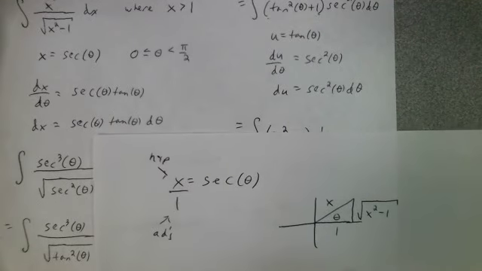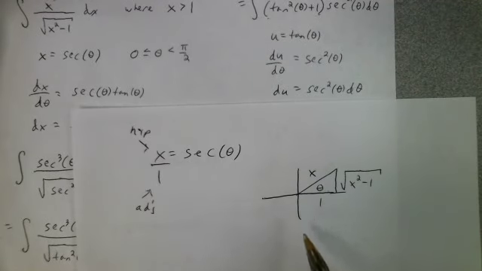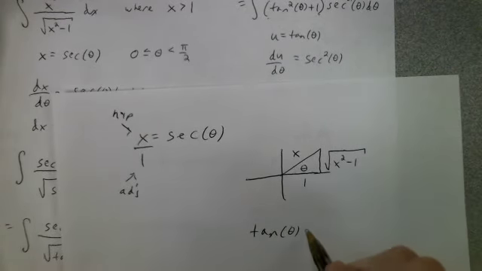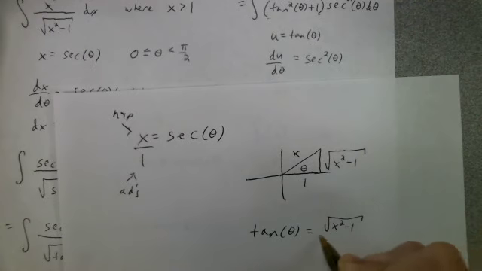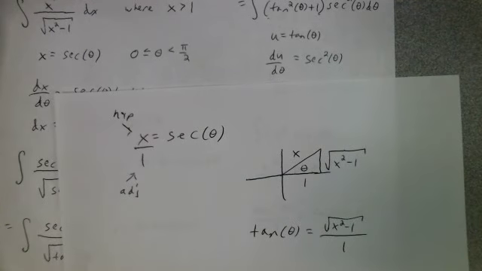So now, what was the purpose of this? Well, the idea is we're using the triangle trick here. I can get the tangent of my angle now. The tangent of my angle is opposite over adjacent, root x squared minus 1 over 1. In other words, it's root x squared minus 1.